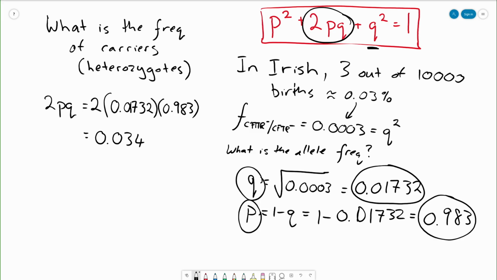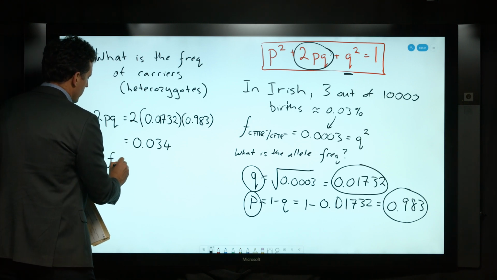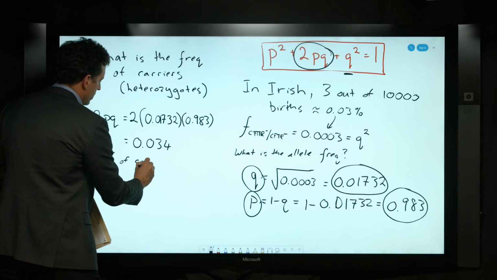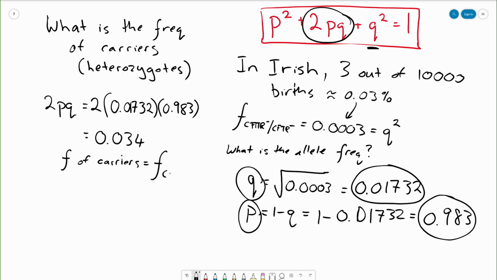And if we do the math, that equals 0.034. So remember, this is our frequency of carriers. And the carriers in this case are the CFTR mutant, CFTR wild type individuals. And so this is our frequency.